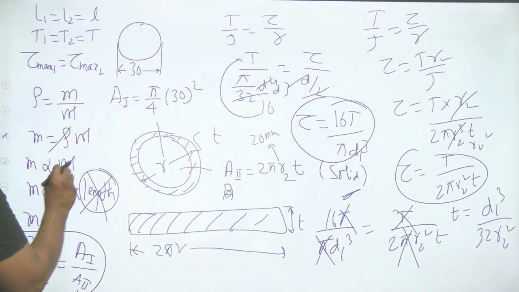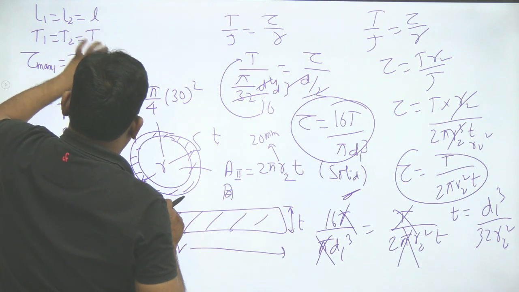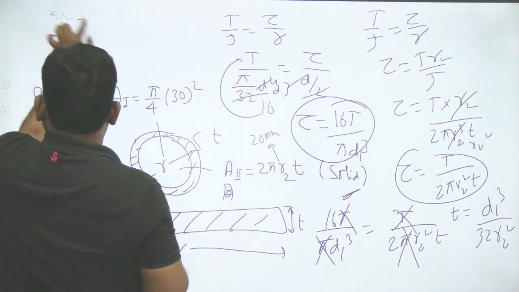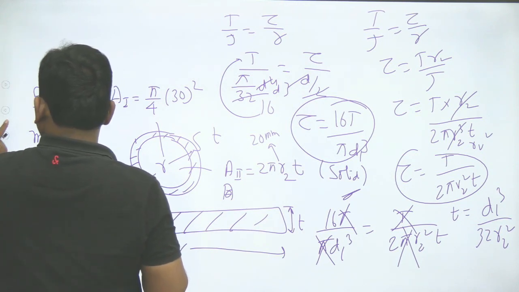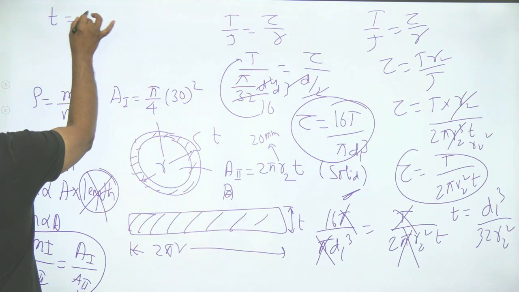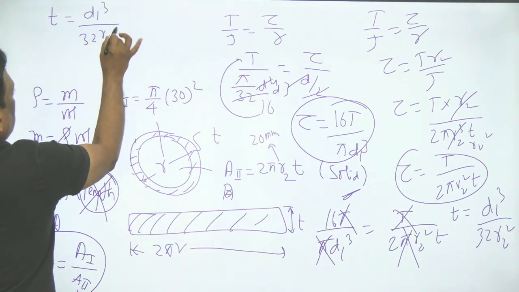One second please, let me erase. We'll erase a little here, we'll use this space. Don't worry. I got t as D1 cube by 32 R2 square.